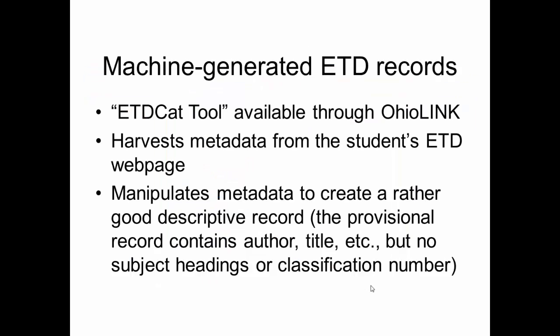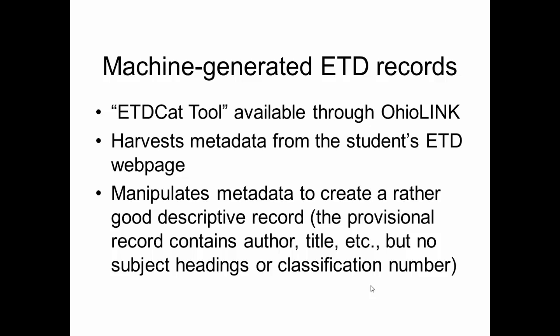I will now describe the second of the two semi-automated ways I'm familiar with to create bibliographic records for ETDs. While using constant data is time and labor saving, using machine-generated records can be even more efficient. There are certainly multiple ways of harvesting metadata to populate bibliographic records. OhioLink has one, a metadata harvesting program called the ETD-CAT tool.